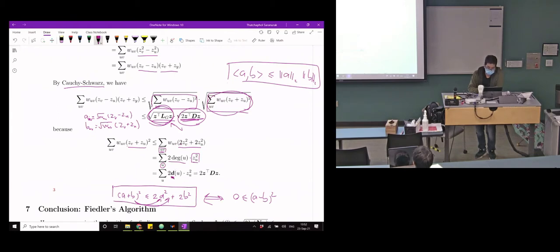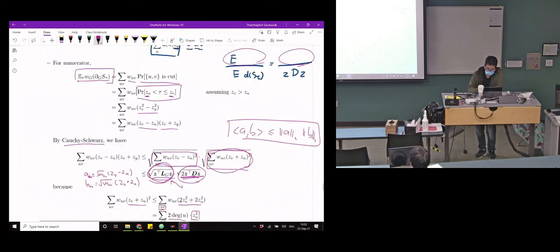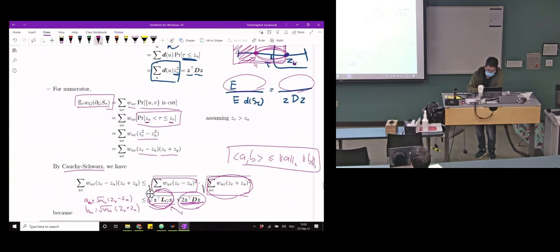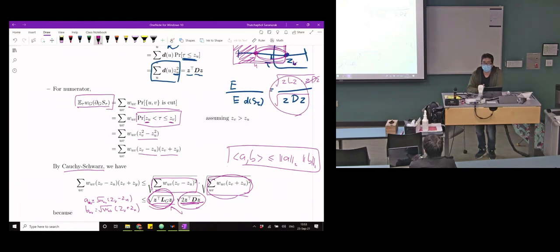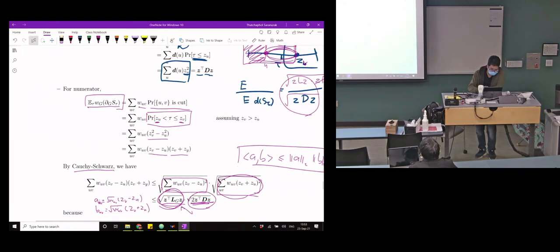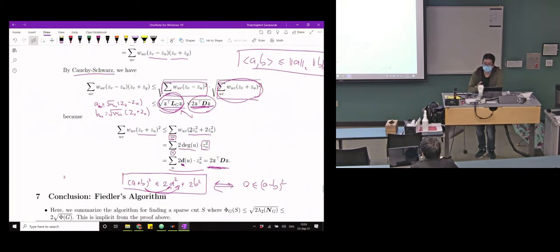So this term here is just 2 z d z. So we have a square root of c times c d z. This thing cancels, and you get this, which is what we want. Okay, that's the proof.